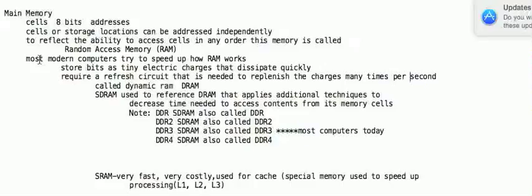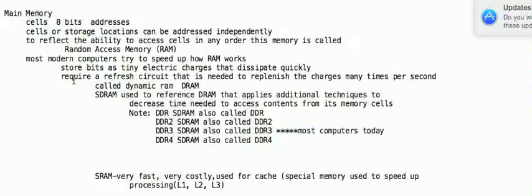Now, one of the things that's interesting about computers is that the CPU can work really, really fast. Most of the time, the CPU can work much faster than the associated memory or RAM that is in the machine. So we're always trying to figure out ways to speed up RAM. Over time, we've begun to store bits as tiny electronic charges that dissipate very, very quickly.